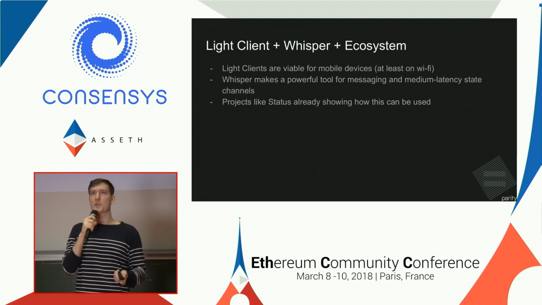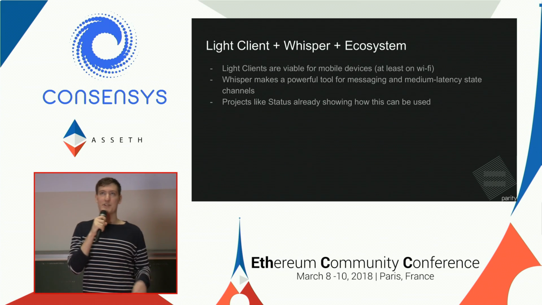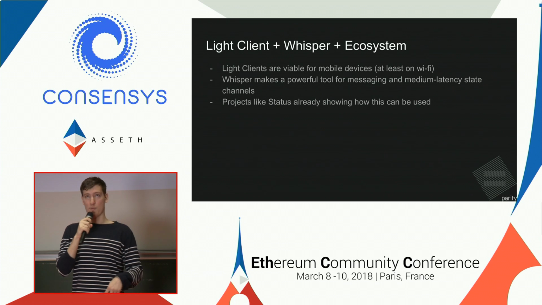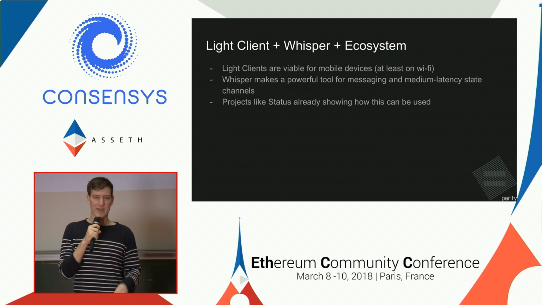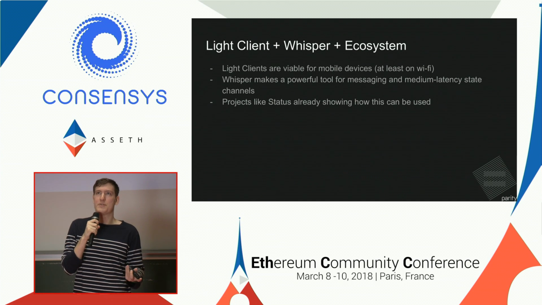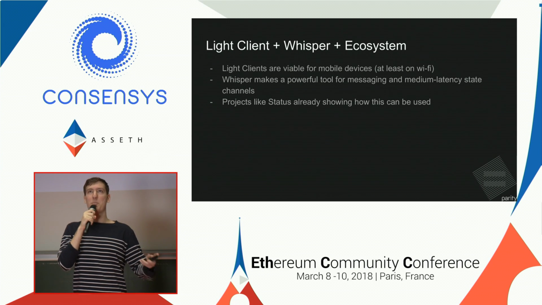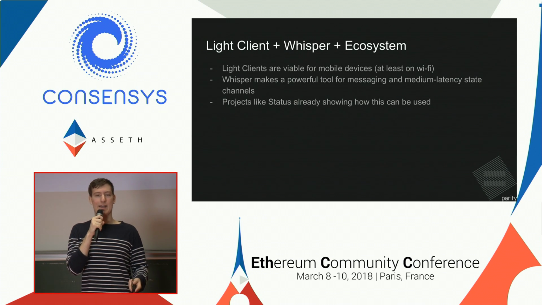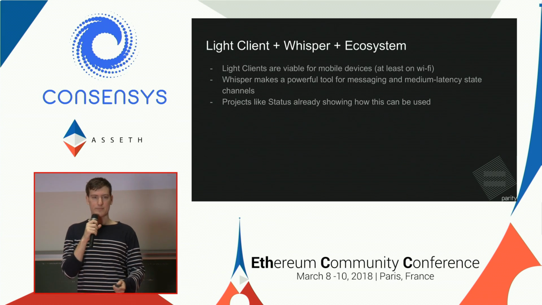And it actually works pretty well for, say, medium latency state channels, not where you have thousands of transactions per second, but maybe where you have one every 10 seconds or anything slower than that. For example, there's a project called Status, which is already showing how that can be used: you can have a mobile app that's running a light client and running Whisper for chat, for state channels, for applications.